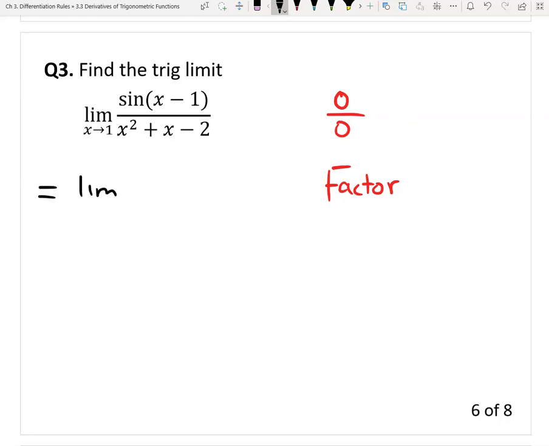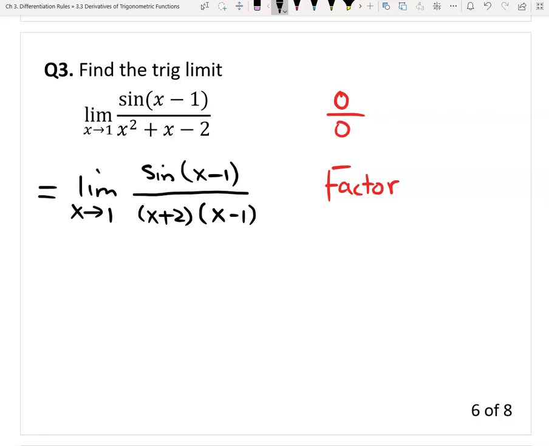The limit as x approaches 1. If I factor the top, I just copy. The bottom, if I factor, I get x plus 2 times x minus 1. Can you see?